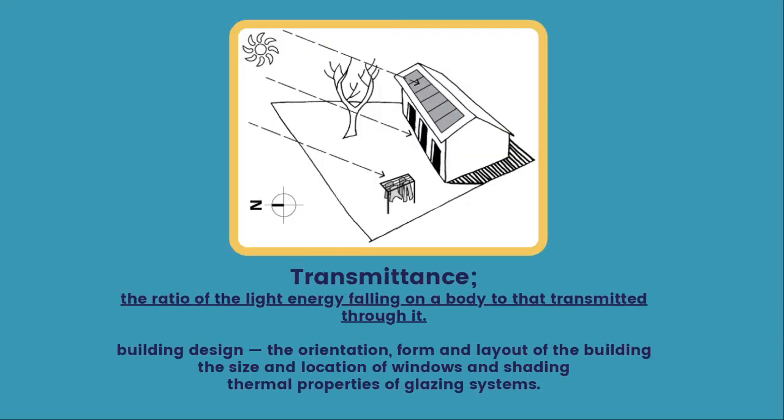Right, so then there's also transmittance. Transmittance is the ratio of the light energy falling onto a body that will then transmit it. So what am I talking about? I'm saying building design. So the orientation, the form, the layout of the building, the size and location of the windows, the shading and thermal properties of glazing systems, they all play a part in transmittance.